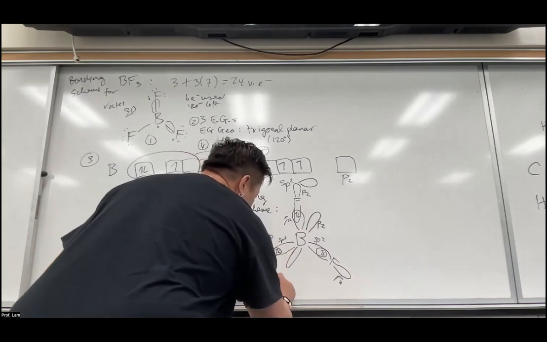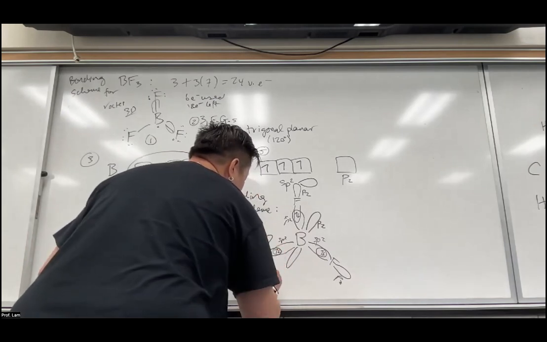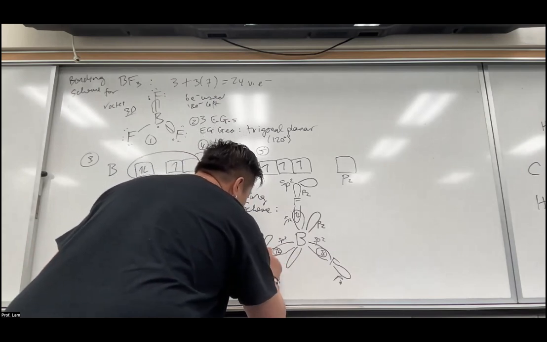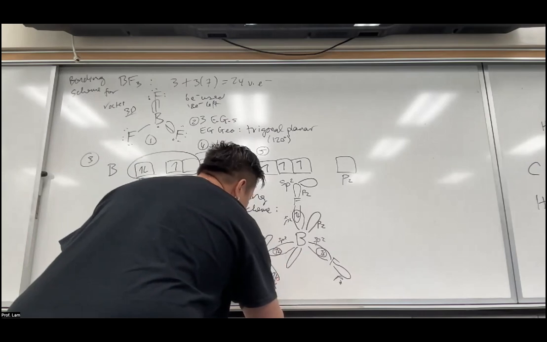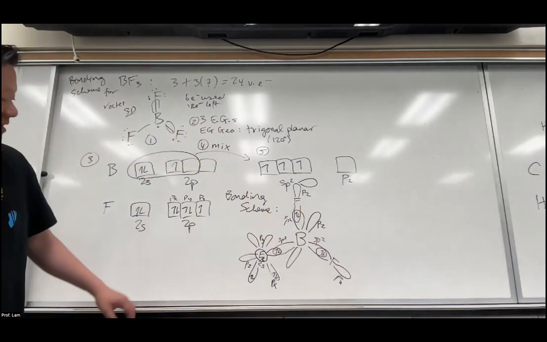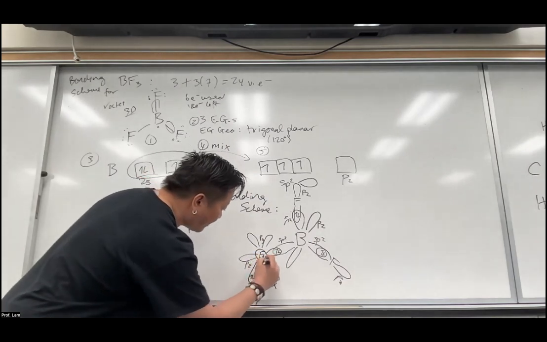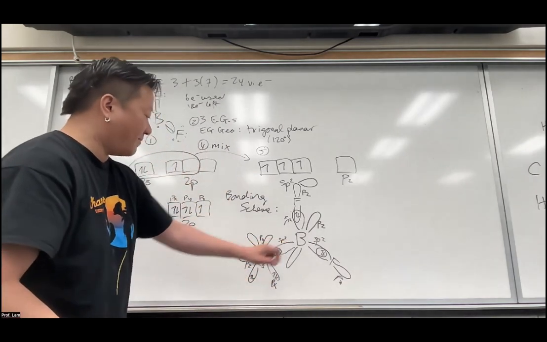So I'll call this the px, I'll call this the py, and they have lone pairs in there. Boom, boom, boom, boom. Okay, so each fluorine has 3 lone pairs and 1 bond.